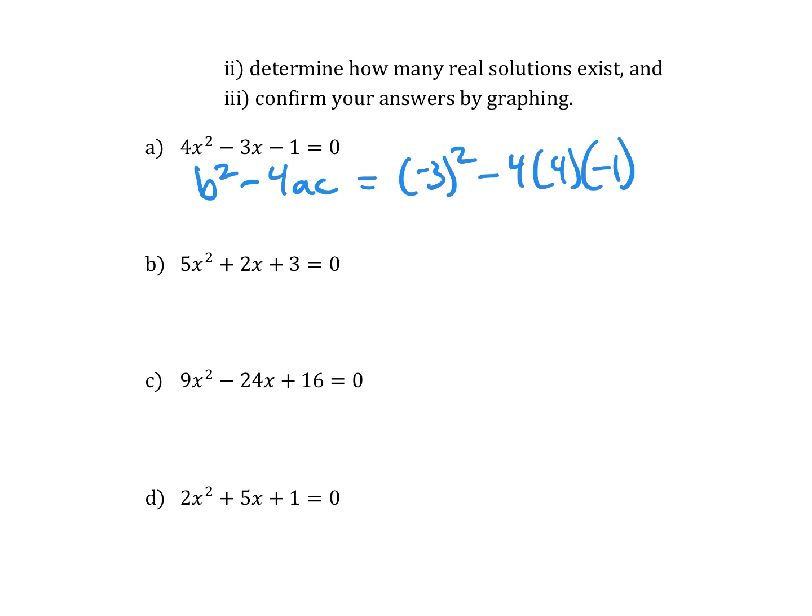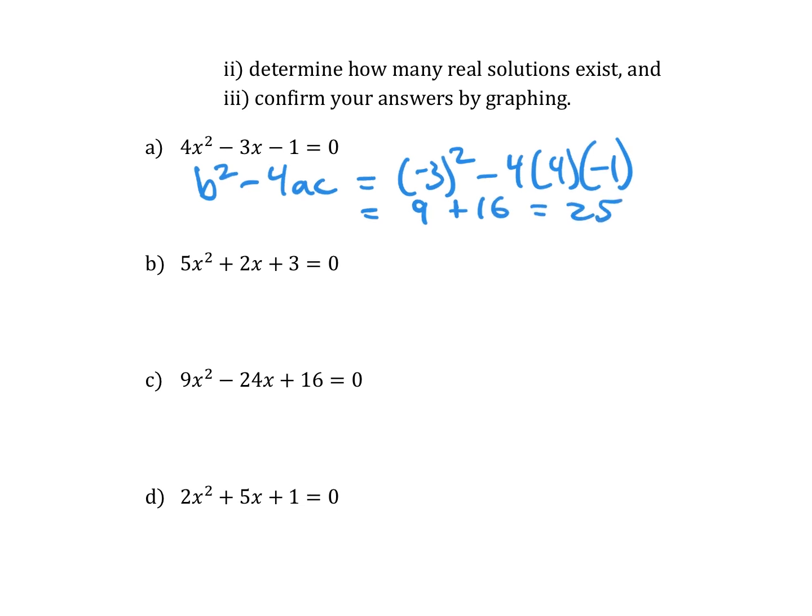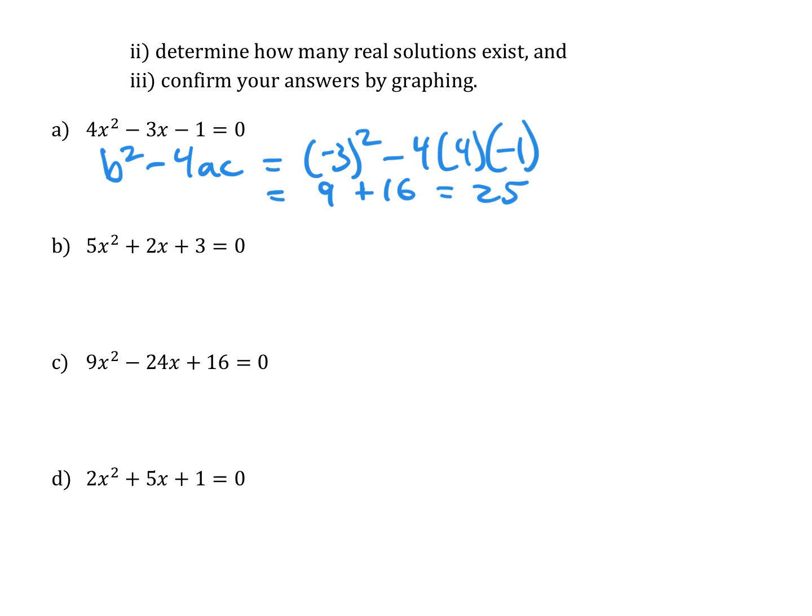That's going to be 9, plus 4 times 4 is 16. And so that's 25. So that's a positive number. There's going to be a positive number under the square root. This is going to be 2 rational solutions, because we can take the square root of 25.